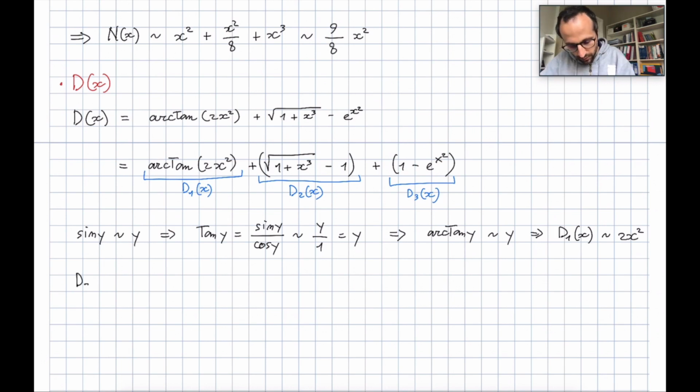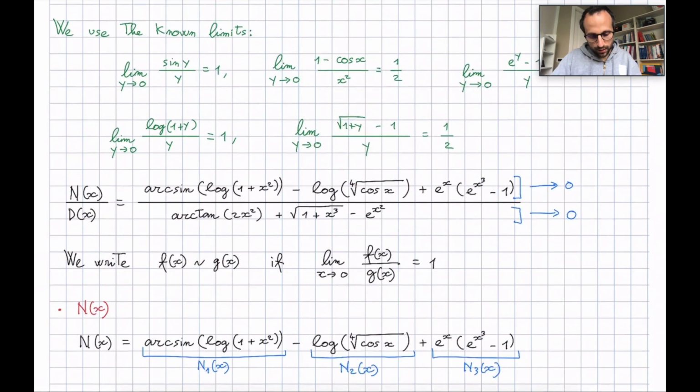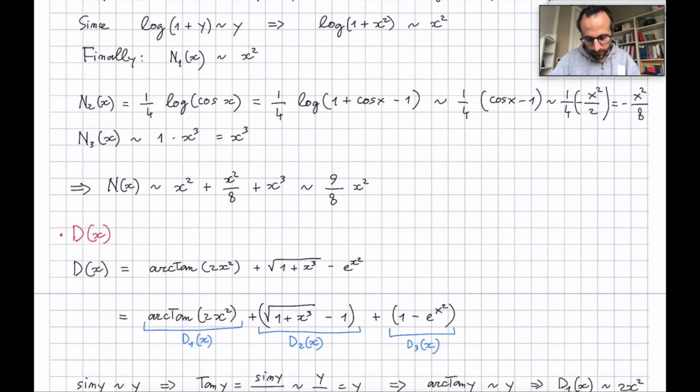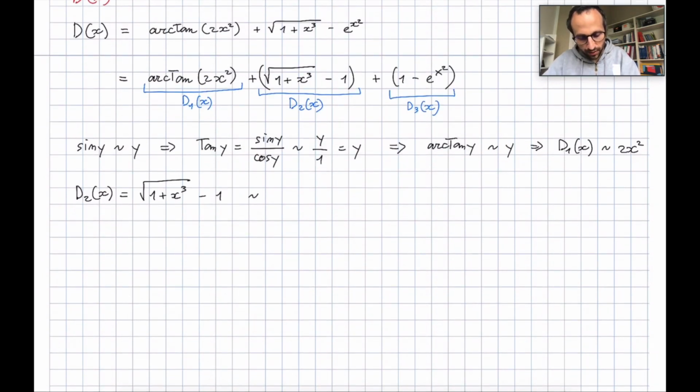Now let's look at d2 of x. This is square root of 1 plus x cubed minus 1. And now we go up and look at this expression here. We have that square root of 1 plus y minus 1 is asymptotic to y over 2. So here, this is going to be asymptotic to x cubed over 2 immediately, just by substituting x cubed for y.